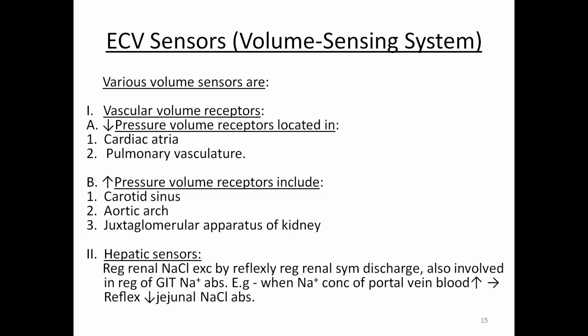They are also involved in the regulation of GIT sodium absorption. For example, if the sodium concentration of the portal vein blood is increased, there is a reflex reduction in the jejunal sodium chloride absorption. So these are your main two: vascular volume receptors and hepatic sensors.